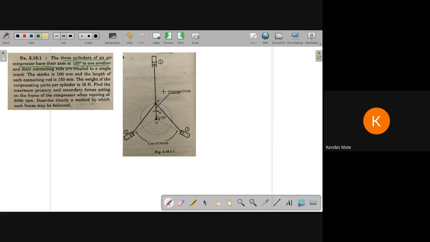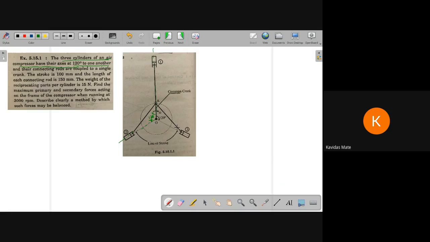Now what does this mean? This is engine number one, or maybe I am talking about an engine, but it is an air compressor. So the piston of compressor number one is in this vertical direction, so the line of stroke is in this direction. The second is this one, so the line of stroke of this compressor is in this direction. The angle between these two is 120 degrees.